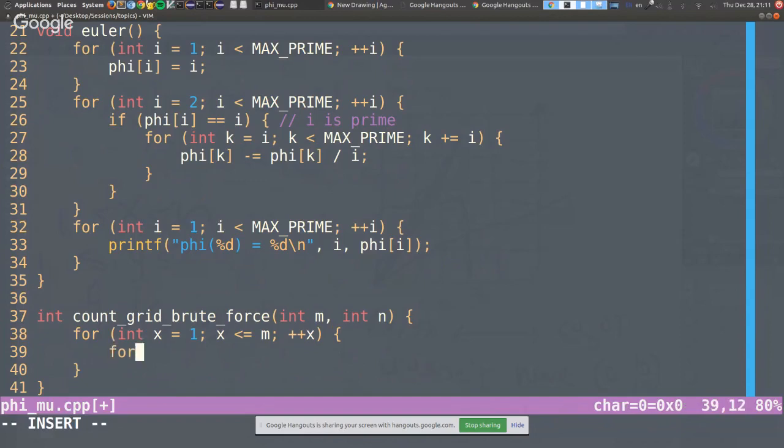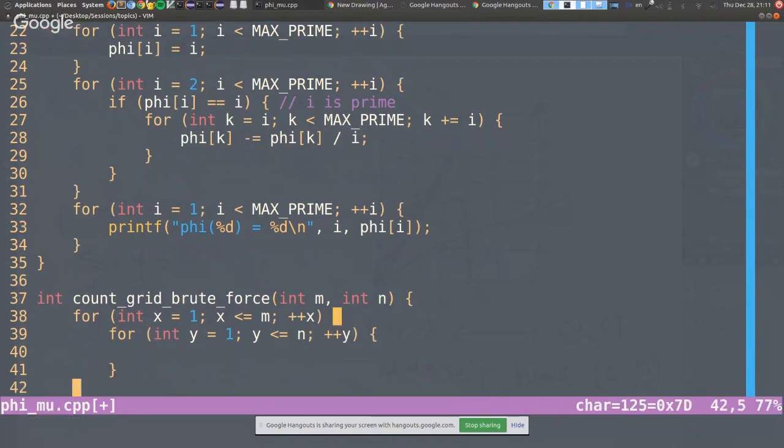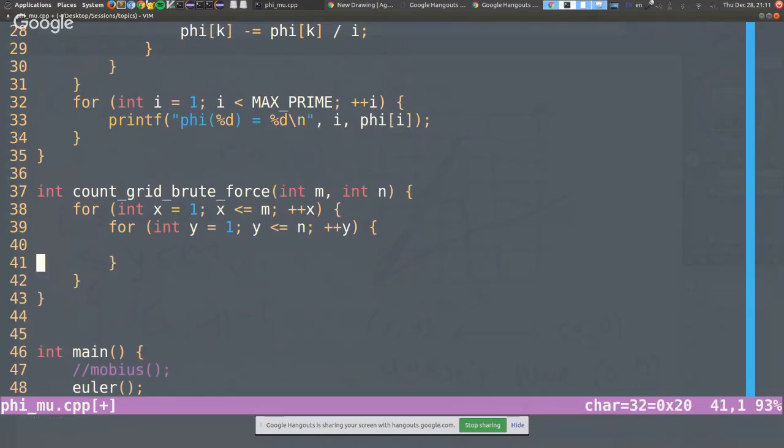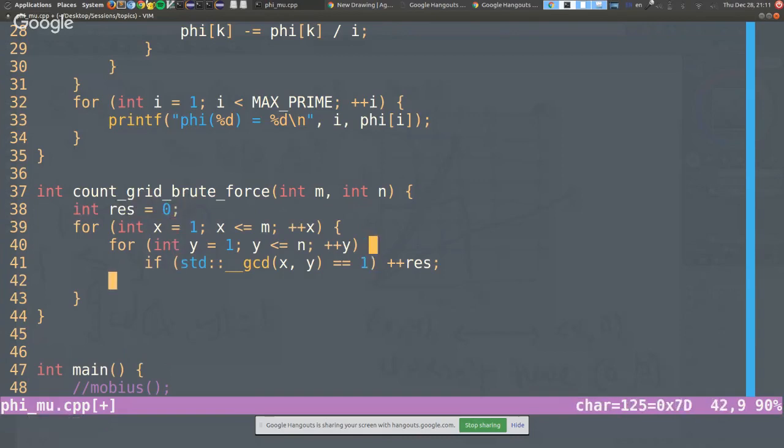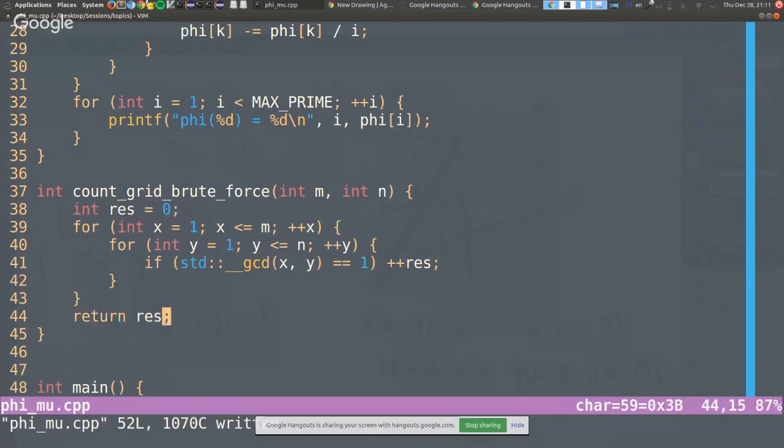Here I'll just count them manually by going through all pairs. I have to check if the GCD of x, y is equal to 1, and we just increase the result. So this is the brute force way.